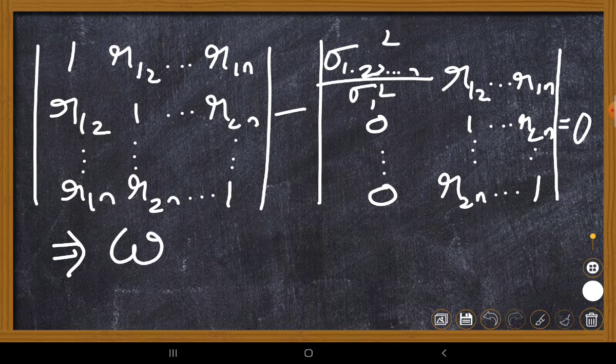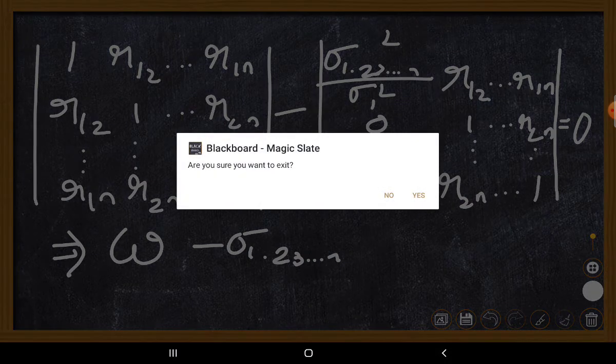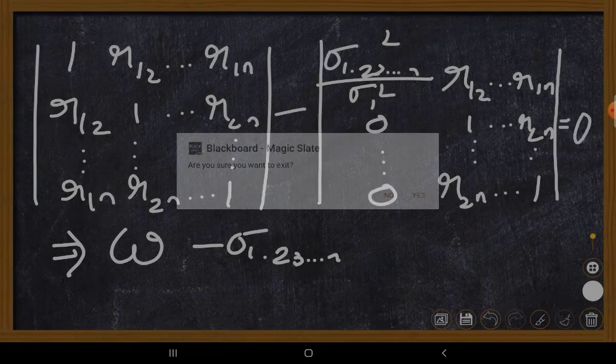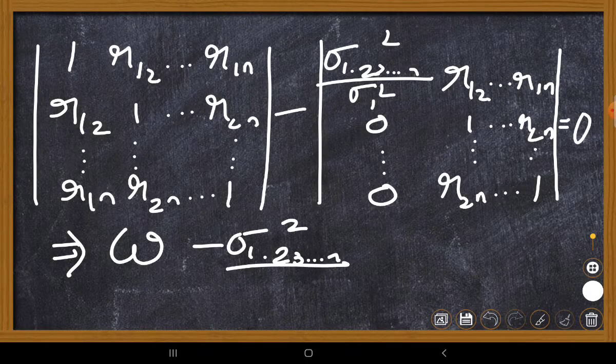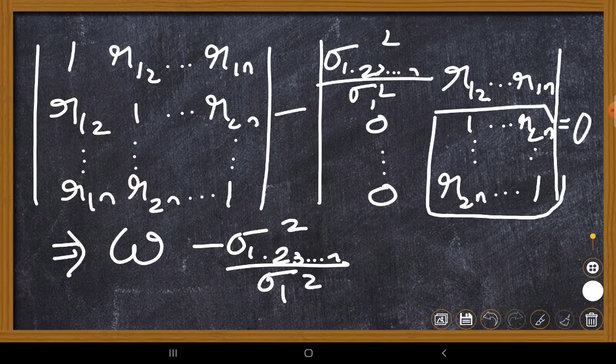And the second determinant, if you expand using the first column, you will have sigma 1.23...n square divided by sigma 1 square, and then this term here is nothing but omega 1, and the rest will be 0 because the other terms of the first column are 0.